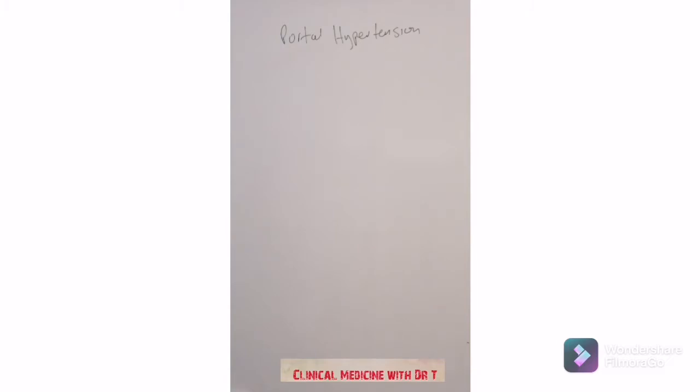To understand portal hypertension, we're going to need to go back to the basics and just try to understand the anatomy. If we understand the anatomy well, it's going to be easy to understand portal hypertension, and why it presents in the manner in which it does.